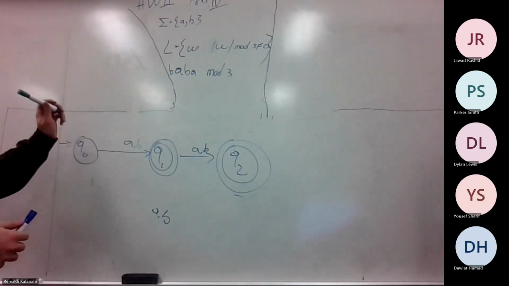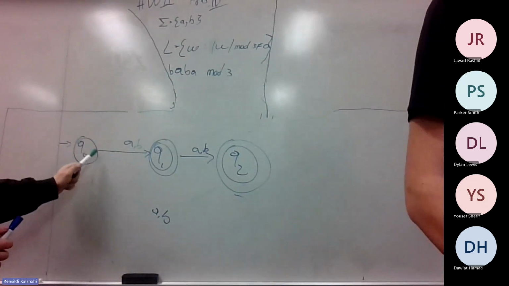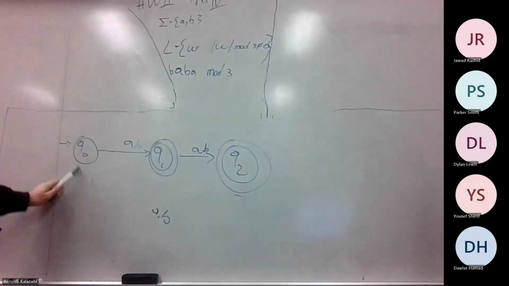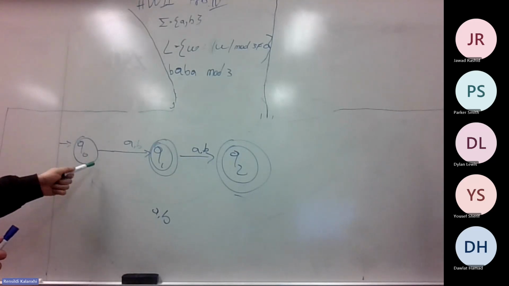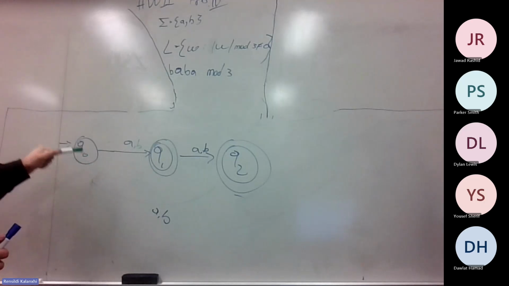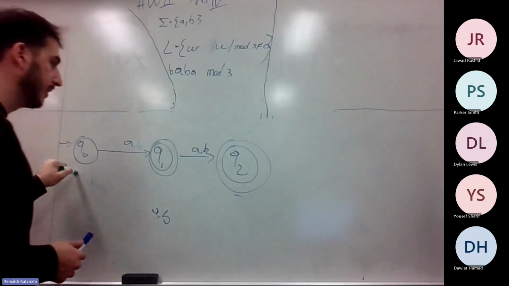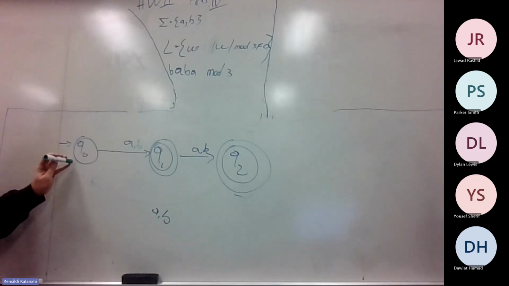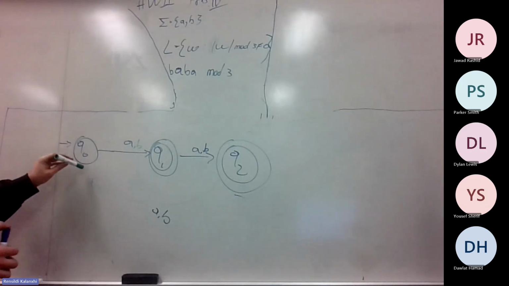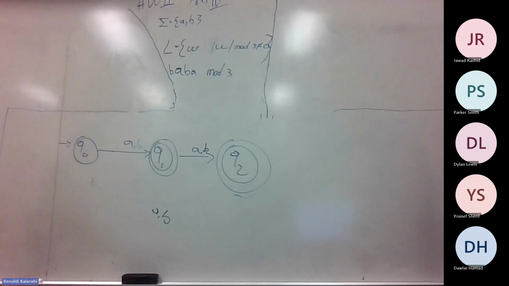So every time you go to the initial state, the length modulo 3 will always be 0. But since we don't have it as a final state, it will work for this machine. So yeah, basically, there it is.